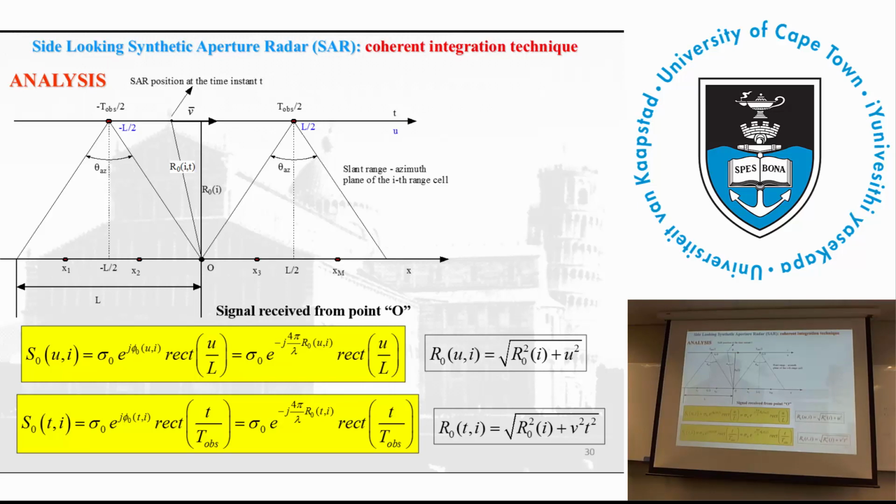So as I said even before, from an array point of view, an array aperture has to be much smaller compared to the distance. So you're flying at a standoff. There are a few cases where near field SAR can actually become applicable. Those particular cases are not related to remote sensing, they're more related to, for example, body scanners.